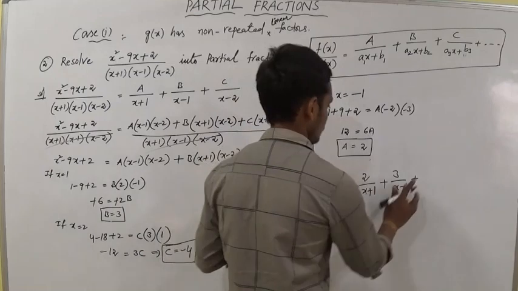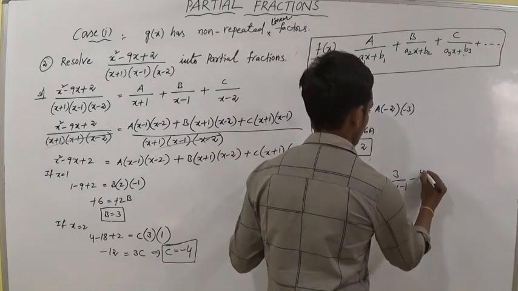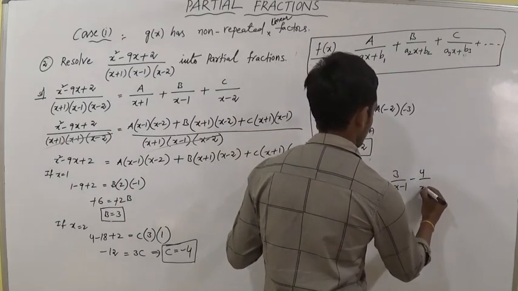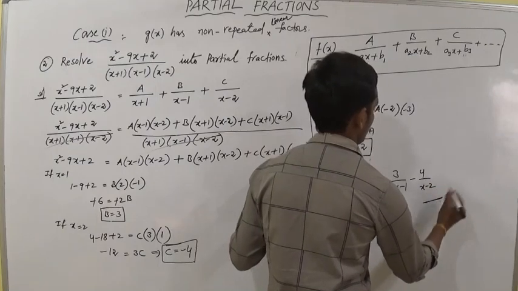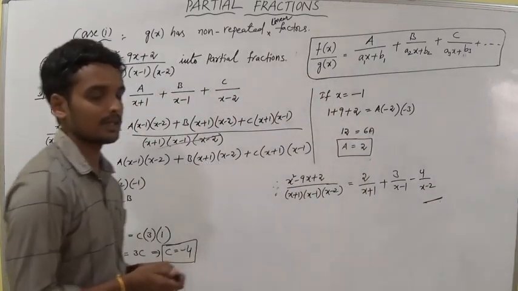We are getting minus 4. So this is minus 4 by (x minus 2). This is the decomposition of proper fraction.